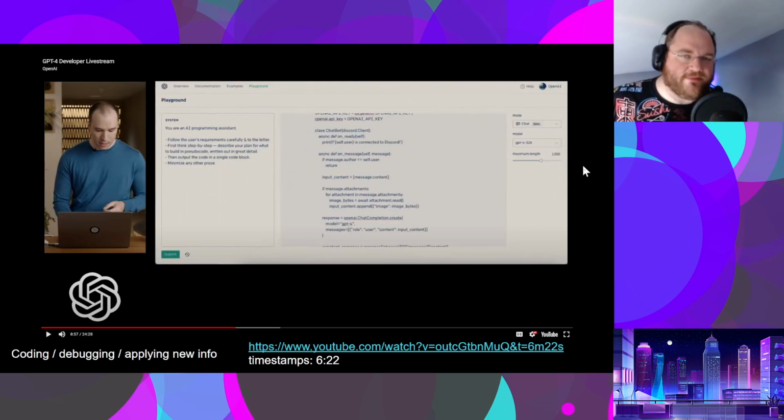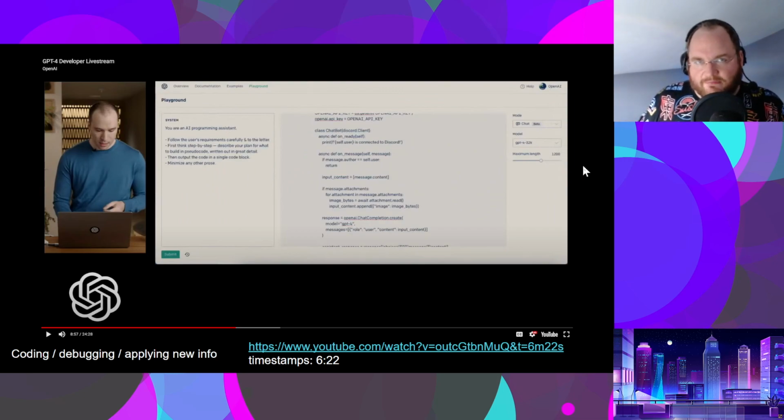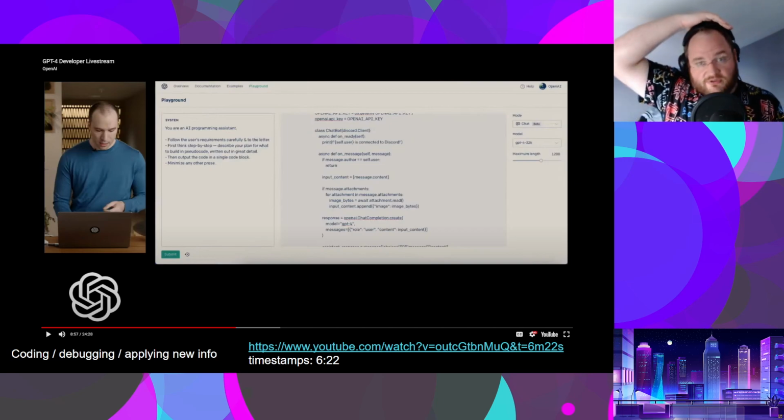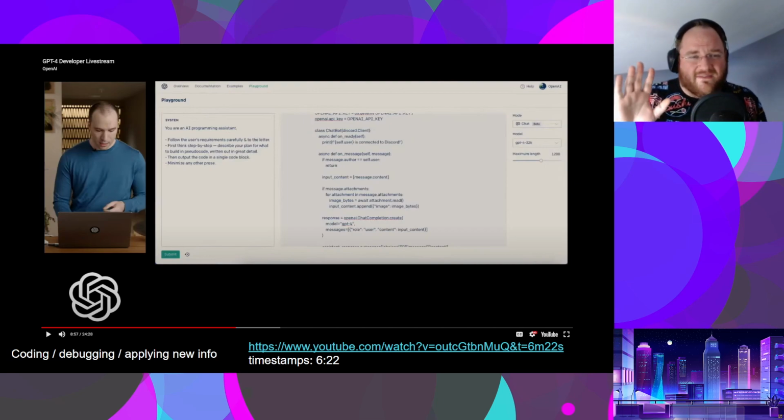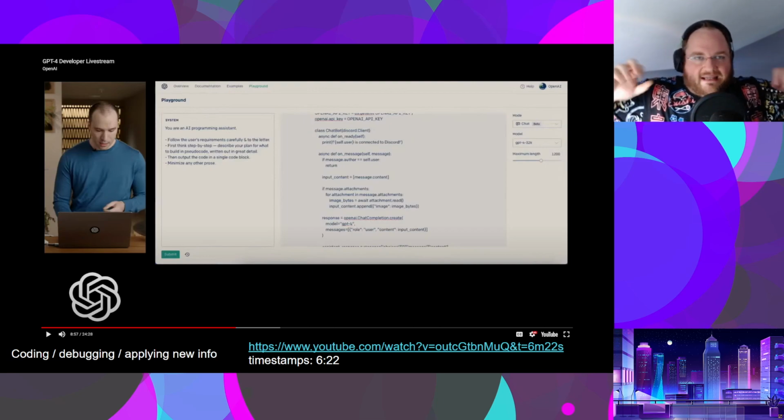So again, to help demystify some of the technical stuff going on here, this was certainly a developer's live stream. The system knows a lot about how to write Discord API calls. It knows how to talk to Discord because it was trained on enough of that Discord information. And by the way, it's incidental. This thing ate everything it could find, everything OpenAI could find.